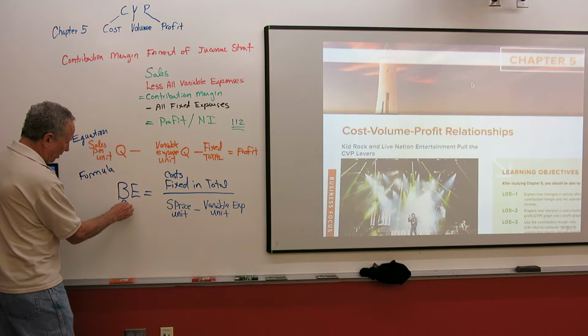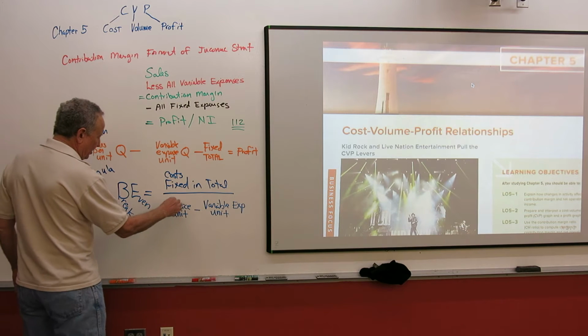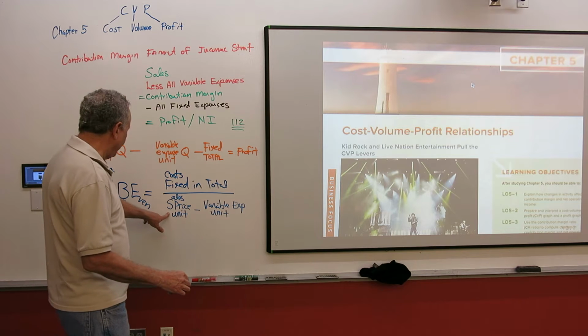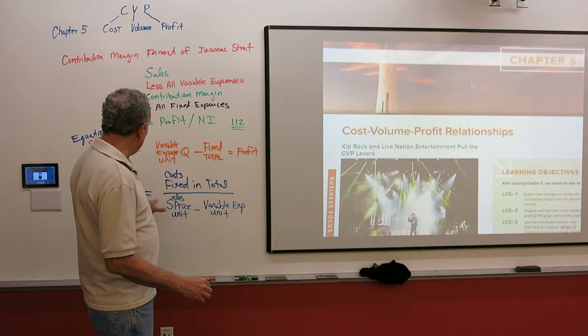That stands for breakeven, and that's sales price. Sales price per unit minus variable expense per unit, divide that into your fixed costs and you'll get a break-even point.